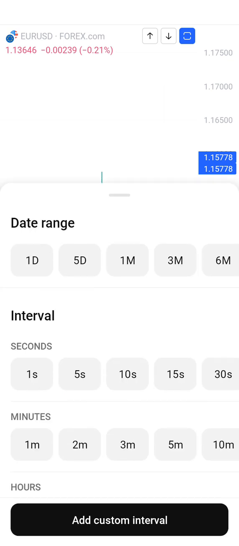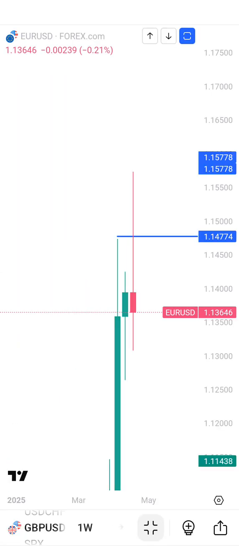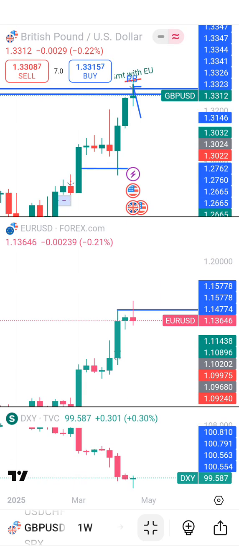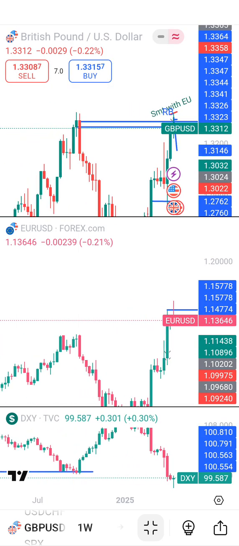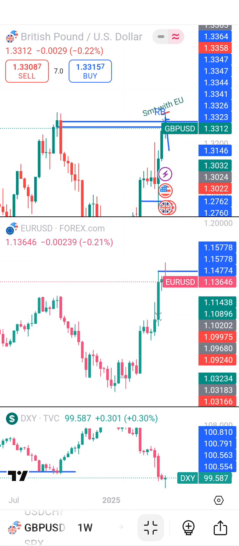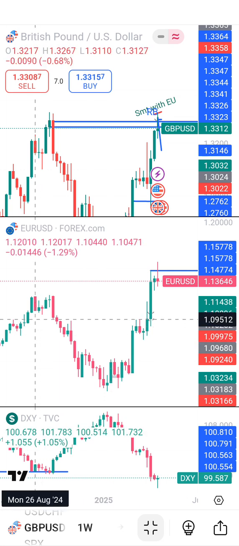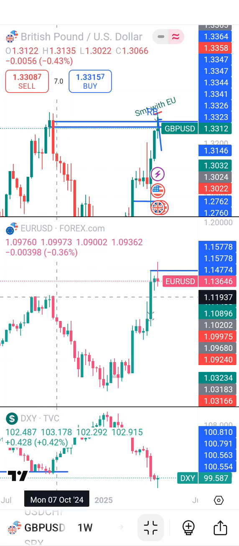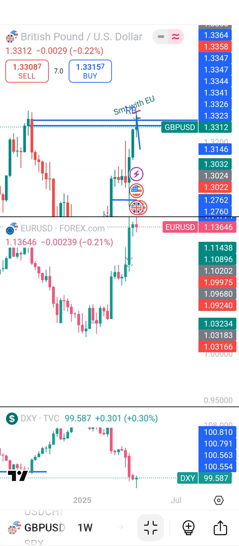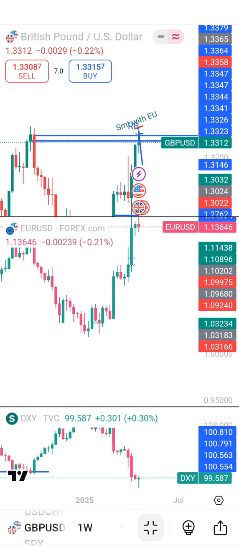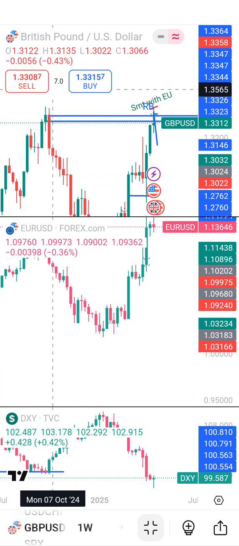Why am I still anticipating that bearish candle? Because on the weekly time frame, you can see that there was also an SMT on EURUSD and GBPUSD. How? Look at this now. The previous last year high has been taken by EURUSD, but on GBPUSD, this high here, which is the last year high, is yet to be taken.